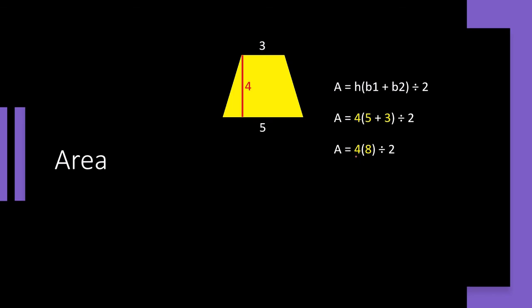So I'm going to do the 4 times 8 first, and that's going to be equal to 32, and then I'm going to divide it by 2 once I get my result. And that's 32 divided by 2 is going to be equal to 16. So therefore the area for this parallelogram, I'm sorry, this trapezoid is equal to 16 square.